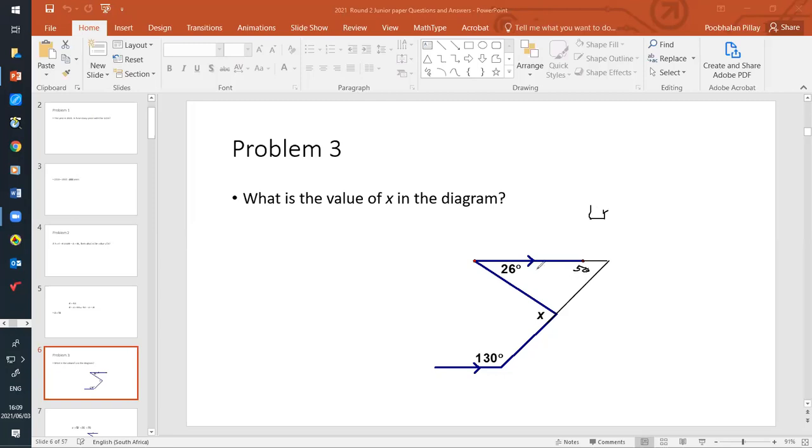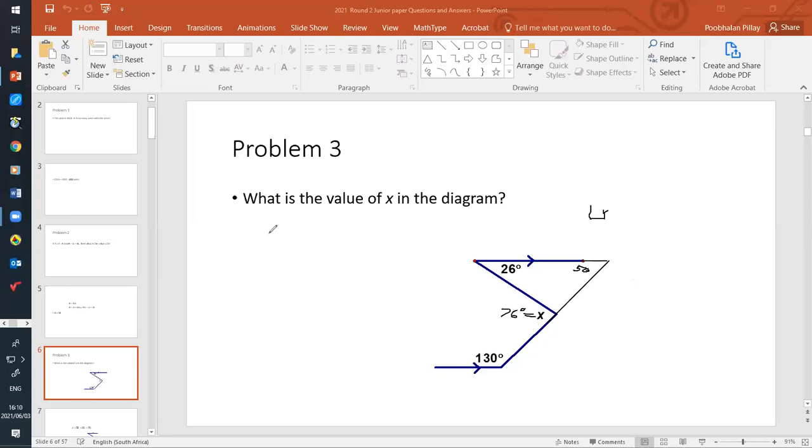So this is 50. Now you have the interior opposite angles. So from the theorem which says that an exterior angle is equal to the sum of the interior opposite angles, you got your flag here, right? So these 2 angles of the flag will give you the third one when you add them. So this is equal to 76 degrees. 50 plus 26 is 76.